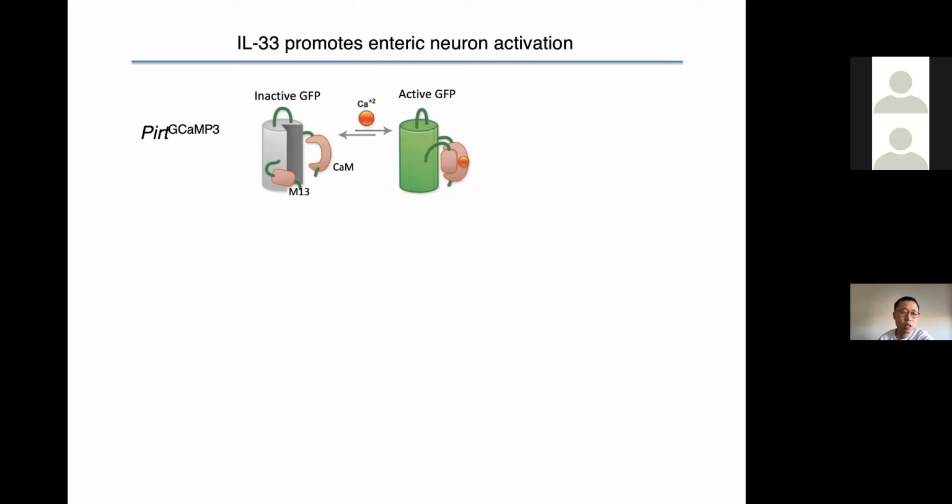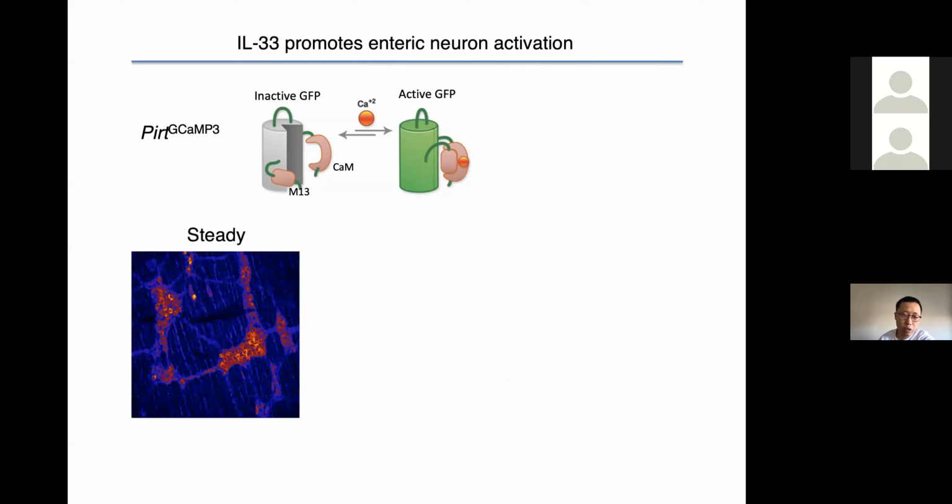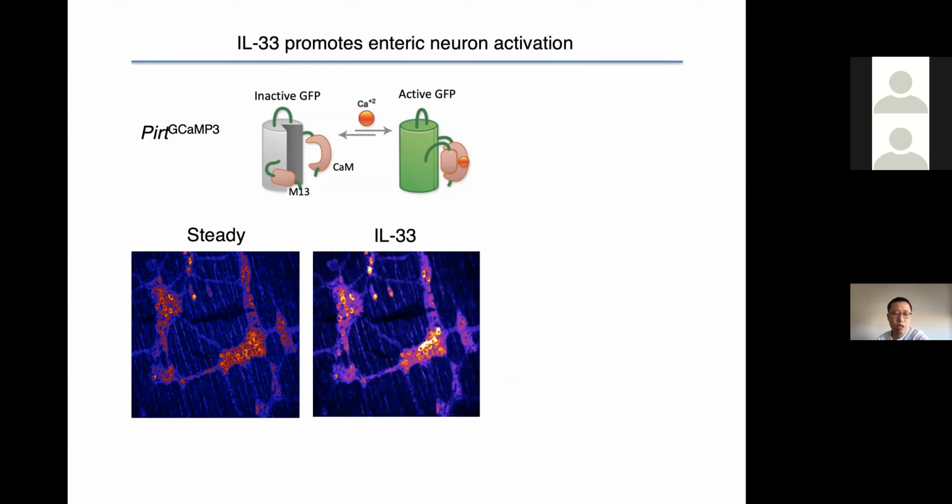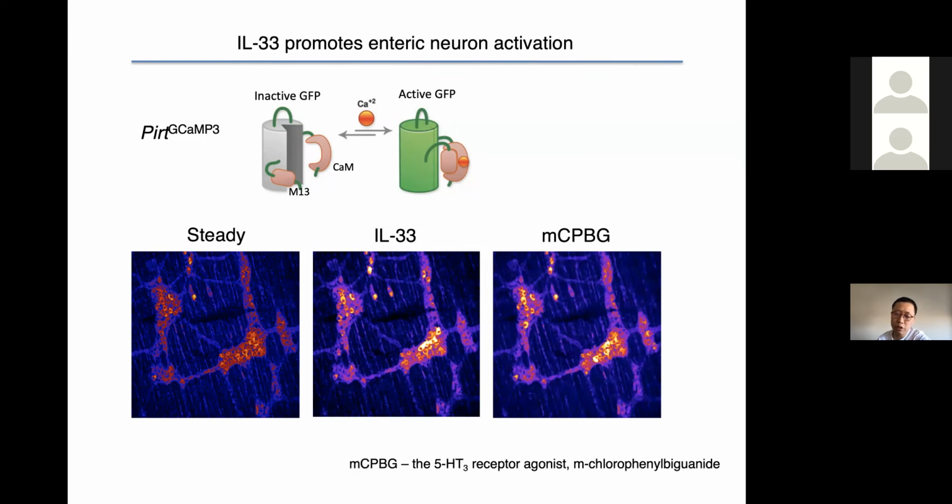We are using the specific enteric neuron marker Pert, in the transgenic animal model Pert-GCaMP. Under steady state, there is some background on the enteric neurons, but as soon as you apply IL-33 upon the tissue, you see a quite strong neuronal activation. And this is the positive control, showing that the whole assay worked properly.